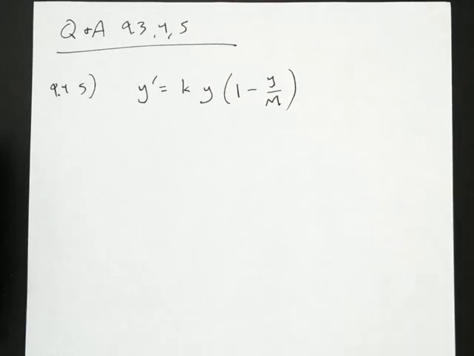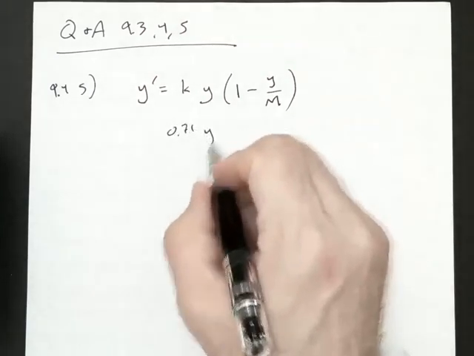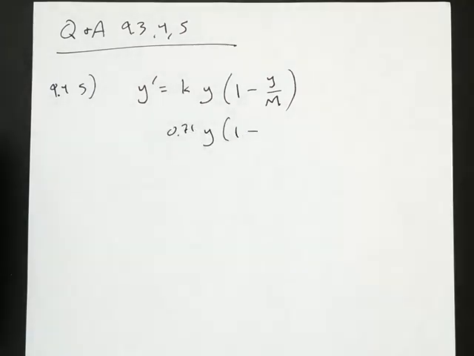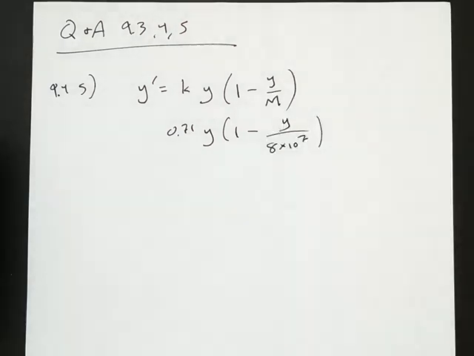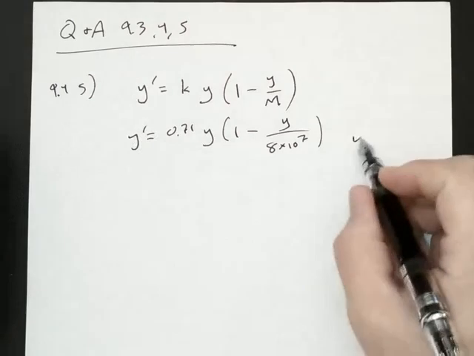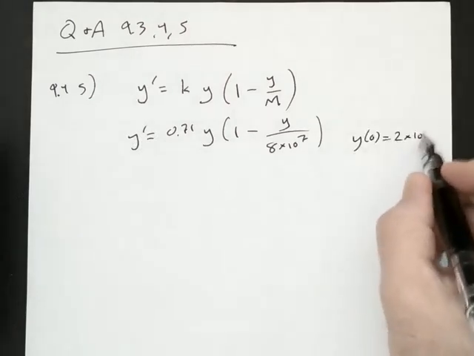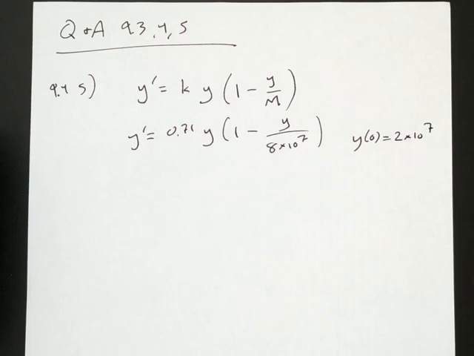Now they actually give me both of these numbers, and they give me an initial condition. So far, so good?